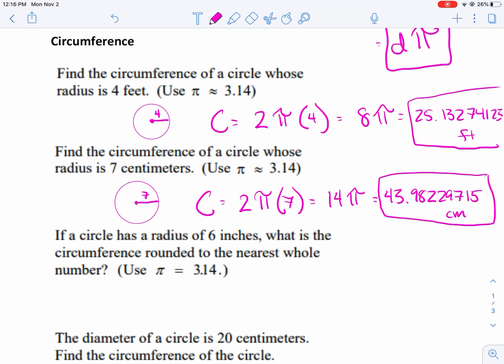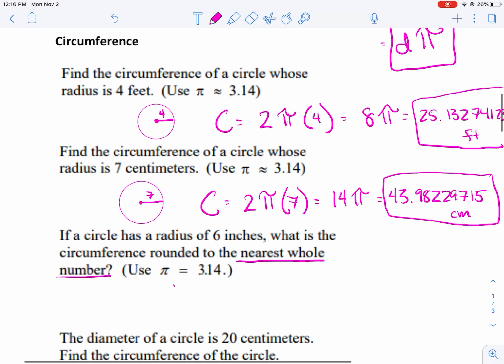All right, if a circle has a radius of 6, what is the circumference rounded to the nearest whole number? Cool, they told us to round. So here's our circle. Here's our radius. So C is equal to 2 pi times 6.